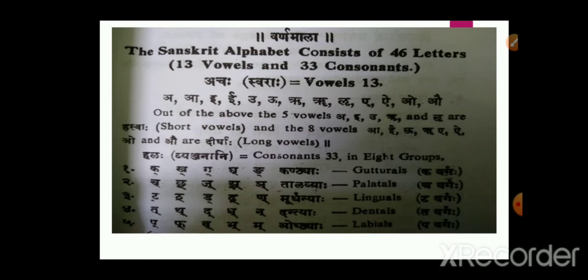So in Sanskrit, first we'll see the Varnamala, which are alphabets. We have 46 alphabets in Sanskrit. Among these 46 letters, 13 are vowels and 33 are consonants.